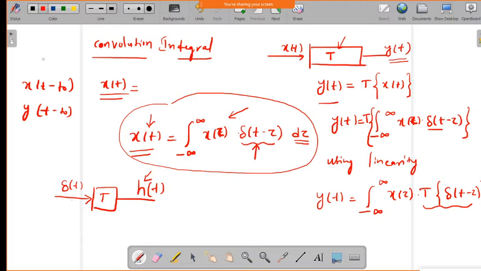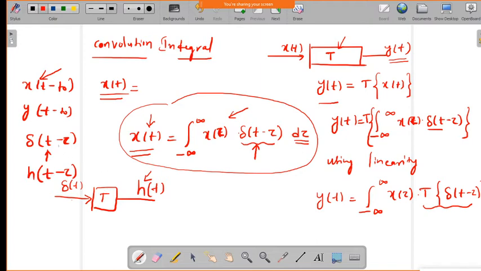Using this property, if your input is shifted by an amount tau, then the impulse response h, which is the output of the system for an impulse, is also time invariant.